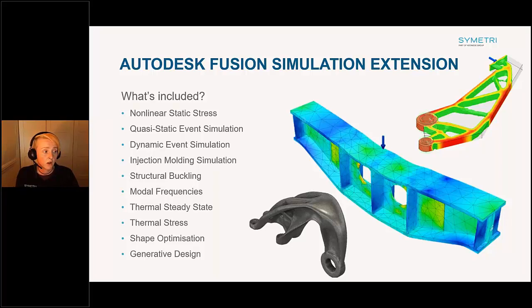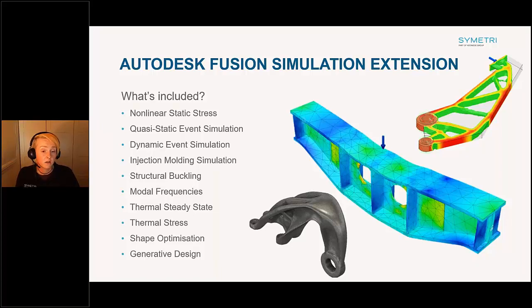You've got structural buckling. If no one's ever used any sort of buckling before, it might be worth having a look at it, and that includes corresponding load multiples, which is quite an interesting part of the software. Then you've got modal frequencies.